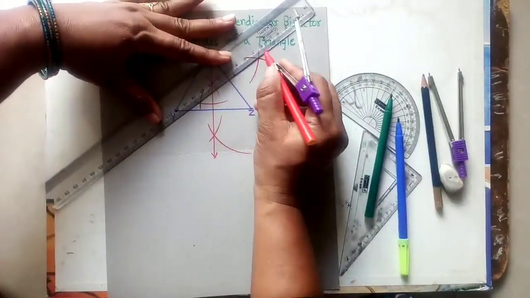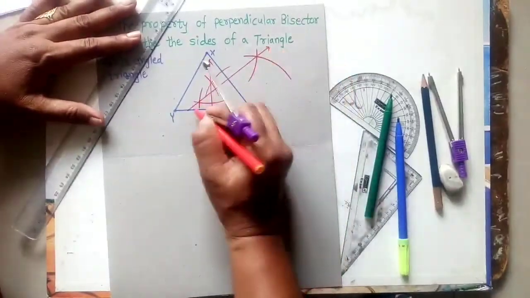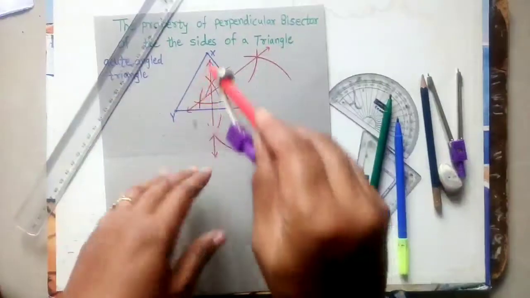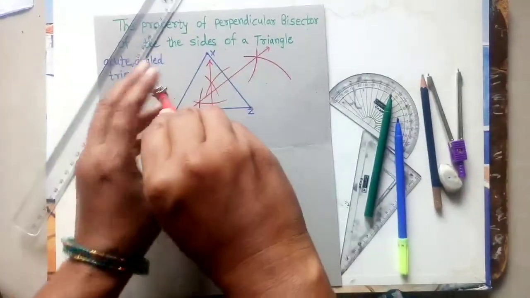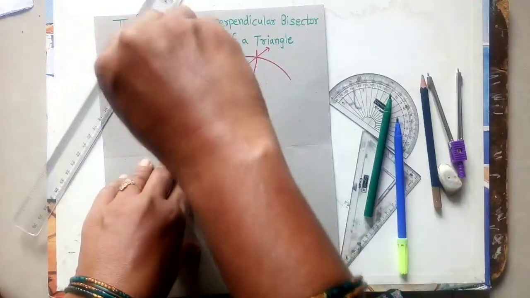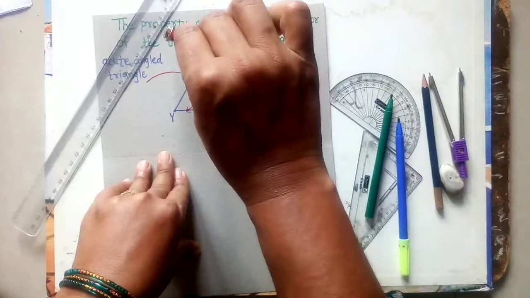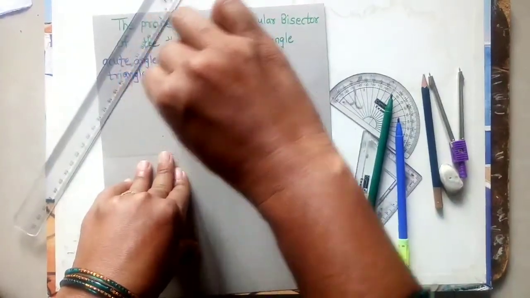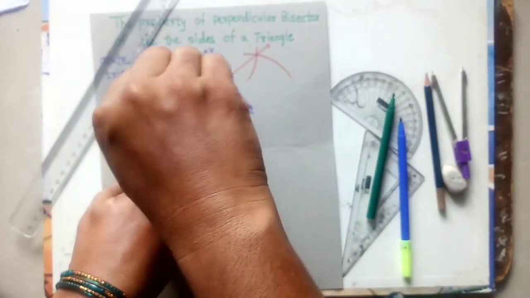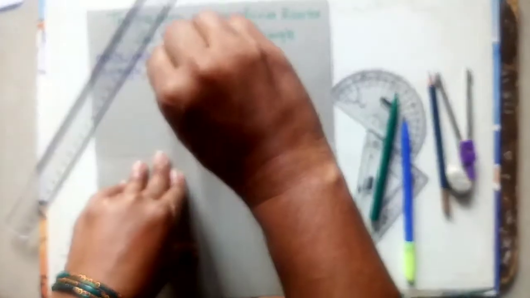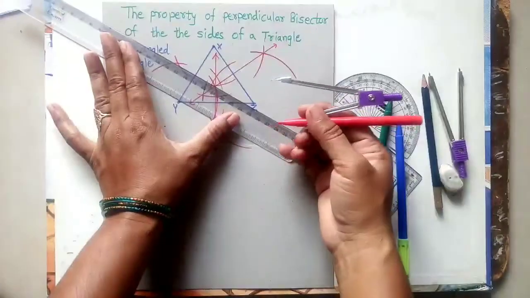Second bisector, draw on length XZ. And the third perpendicular bisector, draw on length XY.